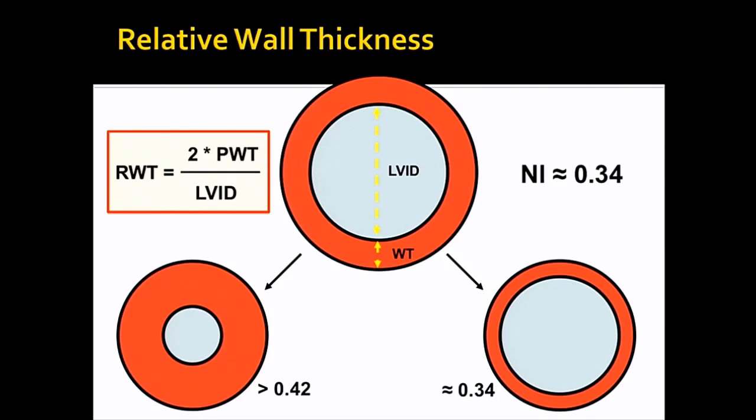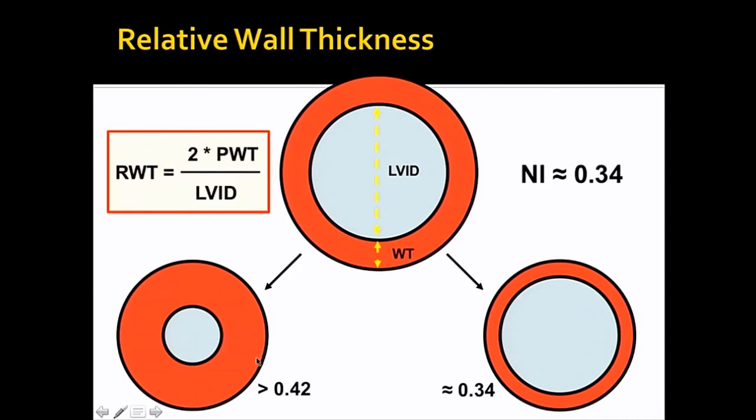Why is this ratio of importance? Well, it basically defines concentric or pressure overload hypertrophy, where the thickness of the walls in relation to the diameter of the cavity is greater than 0.42, meaning you have basically a normal cavity size.